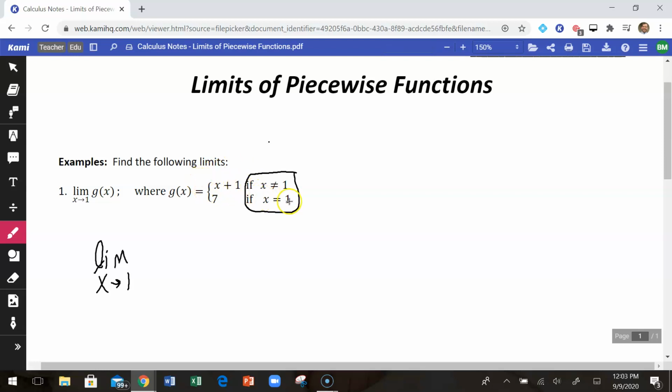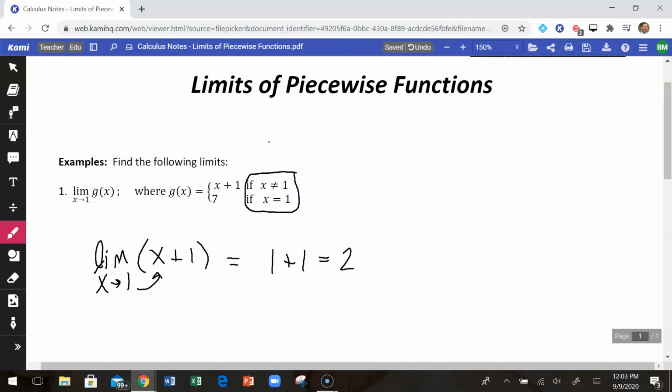It's only that at specifically 1 that I use this other function, which is just a constant. It's 7. So as I approach 1, from both sides of 1, I'm going to be using x plus 1. And this is a case where I can just do direct substitution, which means our limit is 2.